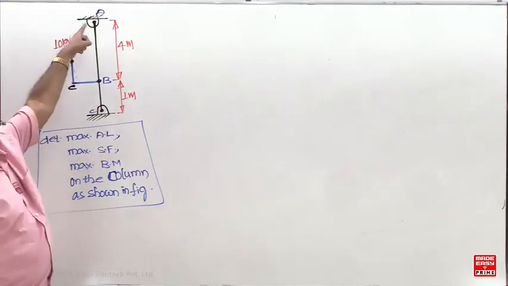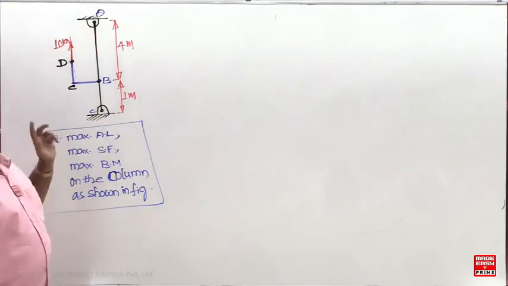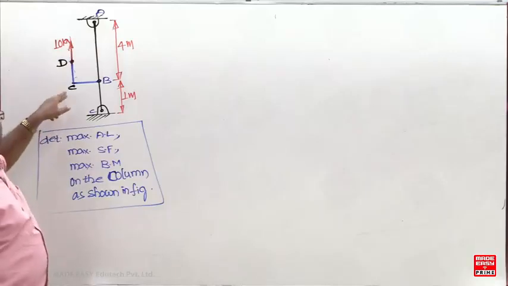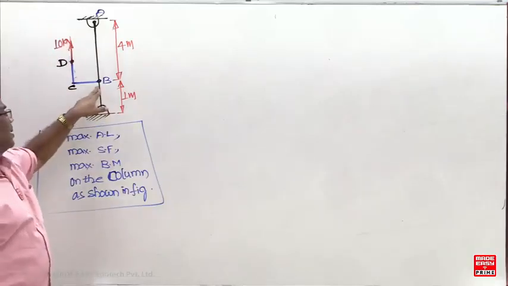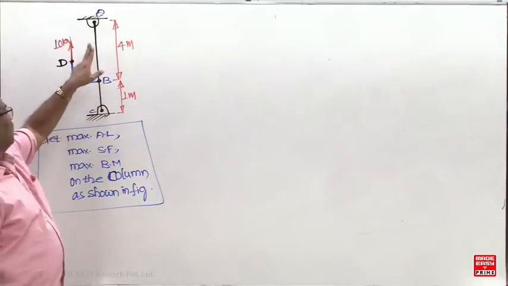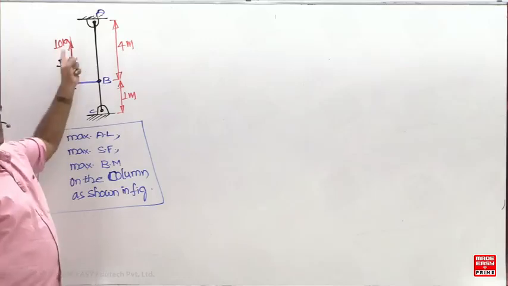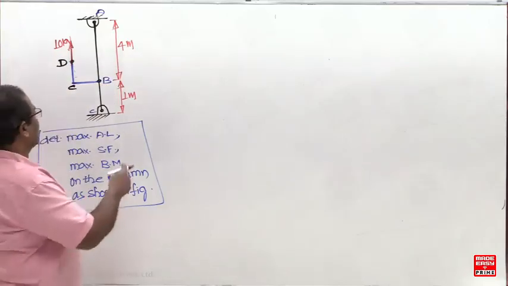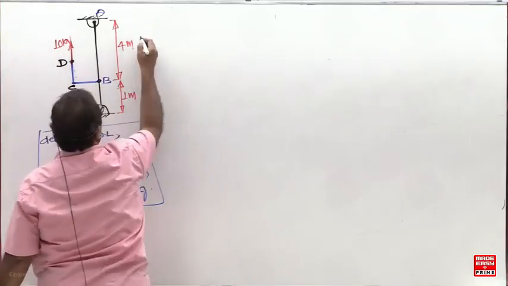So you have to directly draw the free body diagram for this. This load is in the upward direction. How many loads at B? One axial load upward and one couple. So only the column is asked.